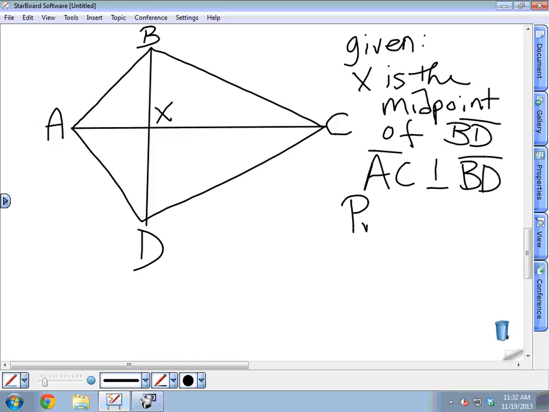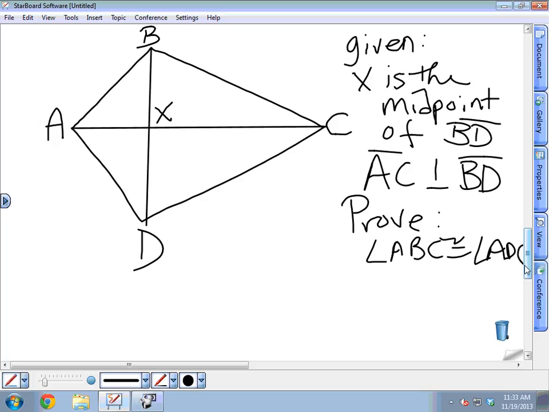And they want us to prove angle ABC is congruent to angle ADC. Okay? All right. And everyone's on the worksheet here, page 55 at the bottom. This is the diagram we have. So X is the midpoint of BD, and AC is perpendicular to BD.